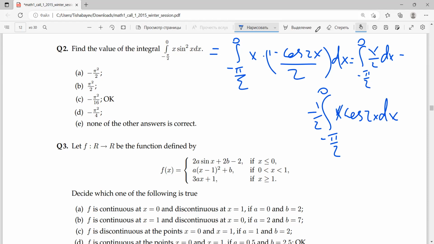Yeah, here we have two integrals. And now solve this one.